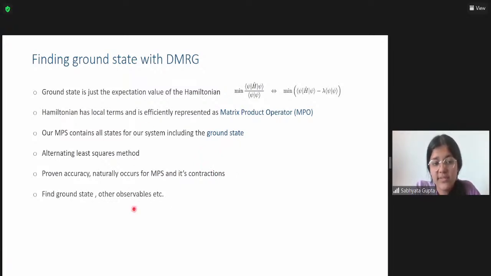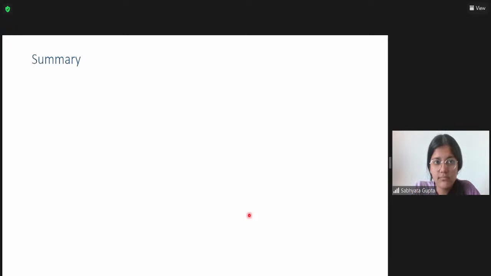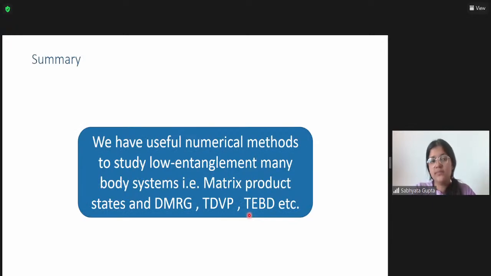You can not only find the ground state, but calculate other observables as well with this optimization technique. DMRG is nothing but a variational minimization routine. So in a nutshell, the whole point of this is that we have useful numerical tools to study low entanglement many-body systems with matrix product states, DMRG, TDVP and TEBD, which are other optimization techniques.